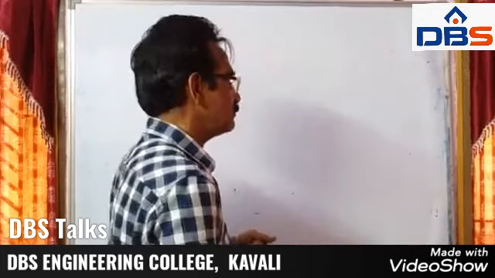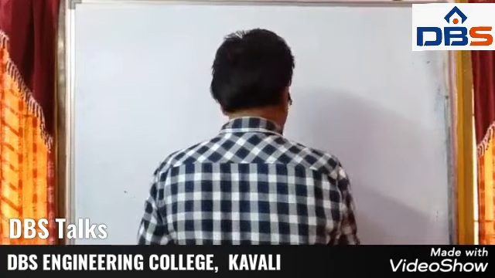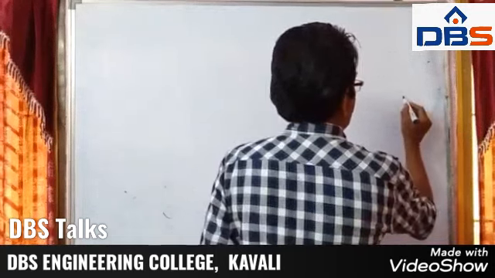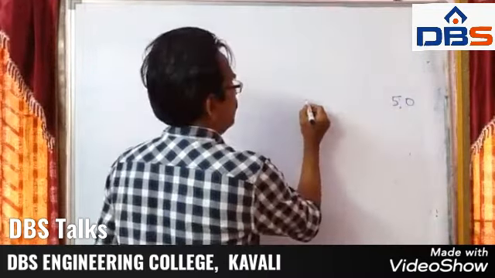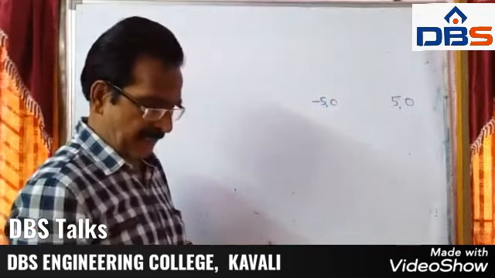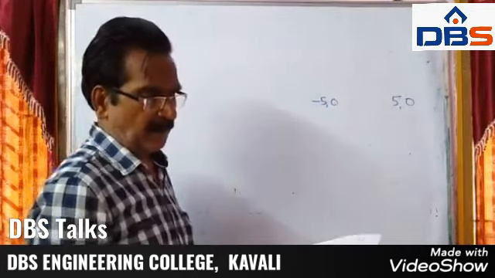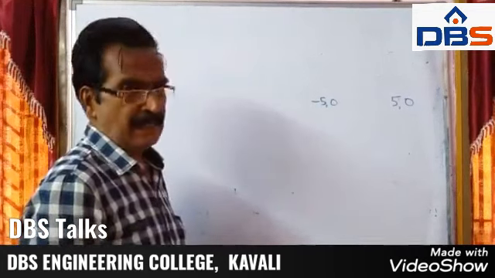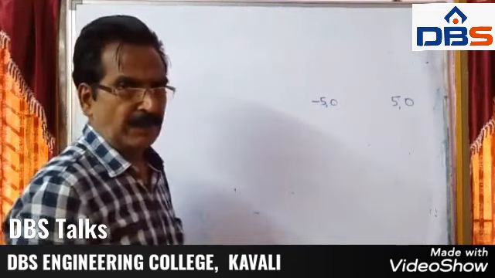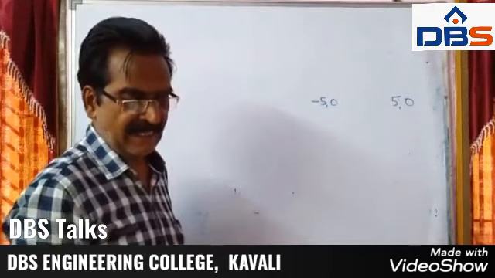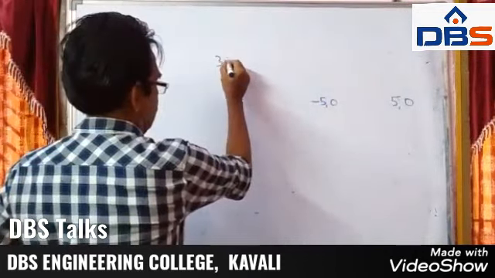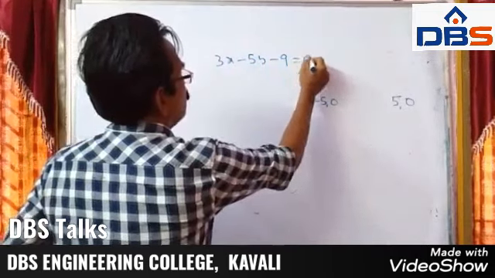If the ends of the major axis of an ellipse are (a, 0) and (minus a, 0), then find the equation of the ellipse in the standard form if its focus lies on the line 3x minus 5y minus 9 is equal to 0.